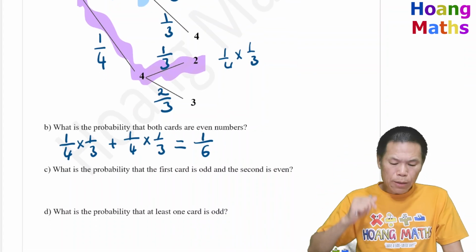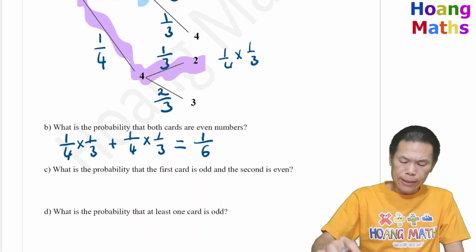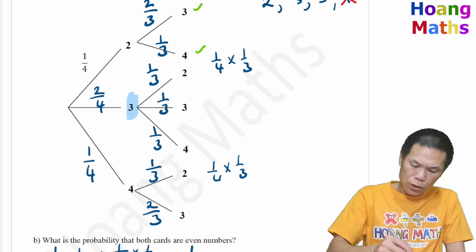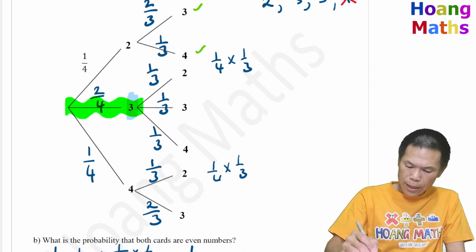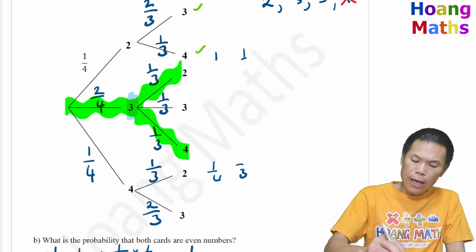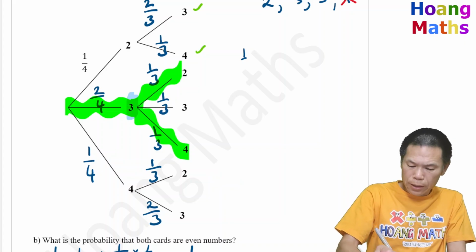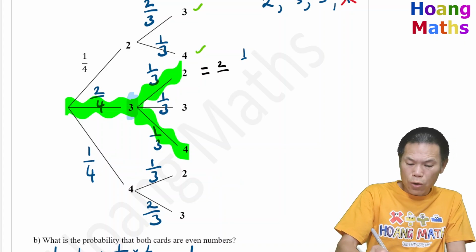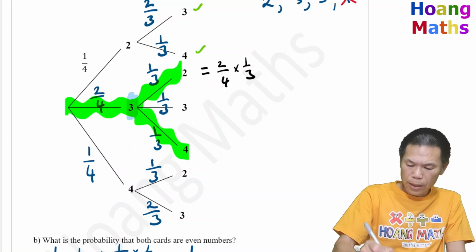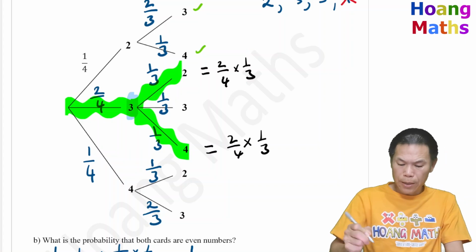Part C. What is the probability that the first card is odd and the second card is even? So the first card is odd, which is only this one here, and the second card is even, which will be this and this. So keep that in mind. Now let me write this probability down. This one here is 2/4 times a third, and this one here is 2/4 times a third as well.